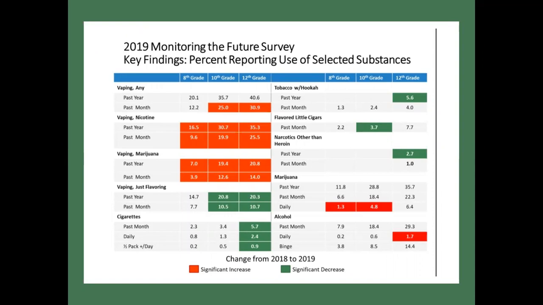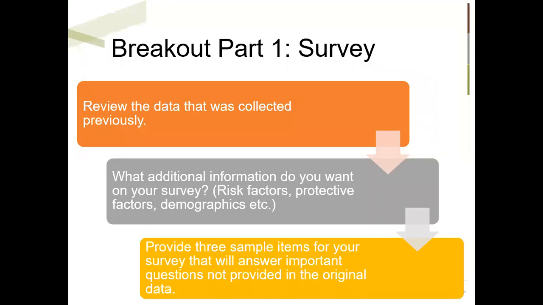What we really want you to do as you go into your group, though, is think about, okay, if we had this data and we wanted to add some survey items, what survey items would we add? What would we think would be important? And how would we ask those questions? Just to get you thinking about how you would want to gather the data, what data you would want to gather, and how it would be useful to you.